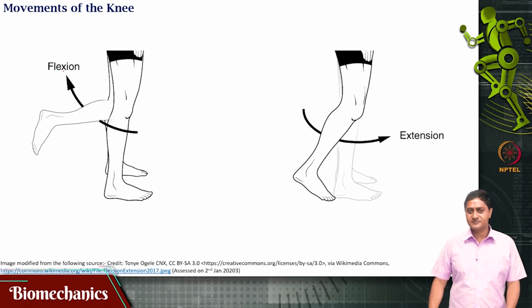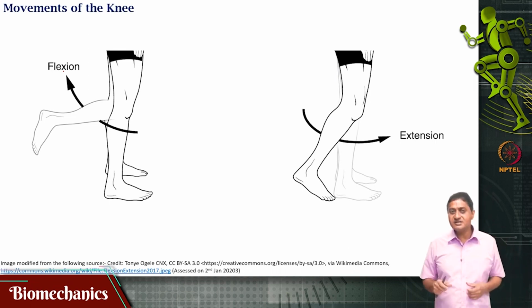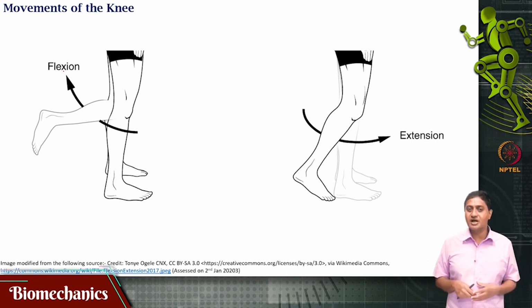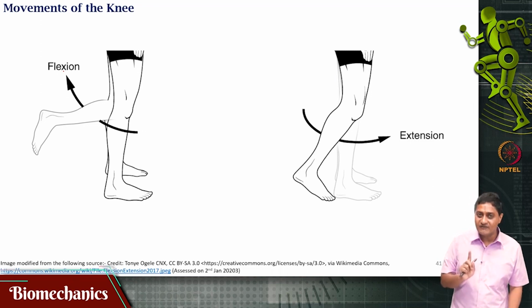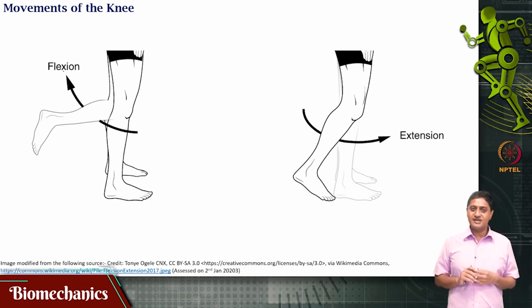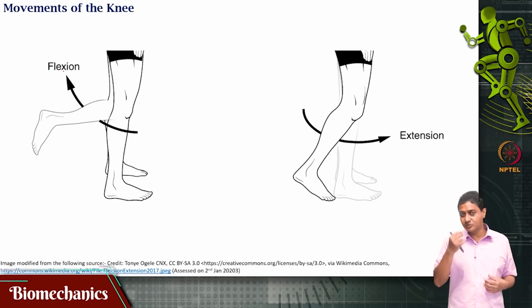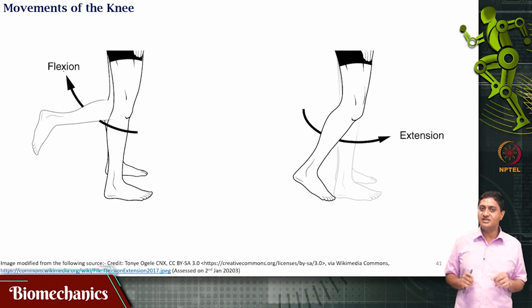It's not only a hinge joint, because when it is flexed, small amounts of rotation and abduction-adduction are possible, but only when it is flexed. When the knee joint is extended, it is essentially a weight bearing, locked joint that passes on the weight it receives from the hip through the femur to the ankle. That is the purpose when it is extended. When it is flexed, a small amount of movement is possible in the other directions.